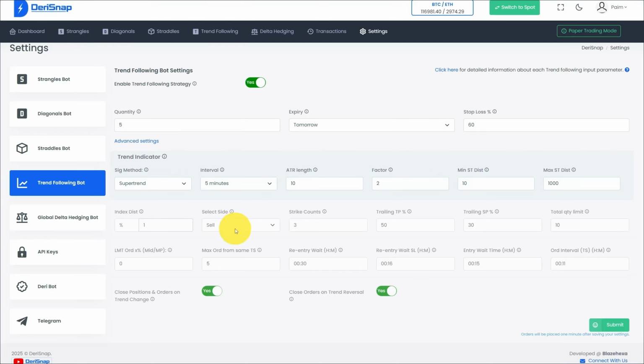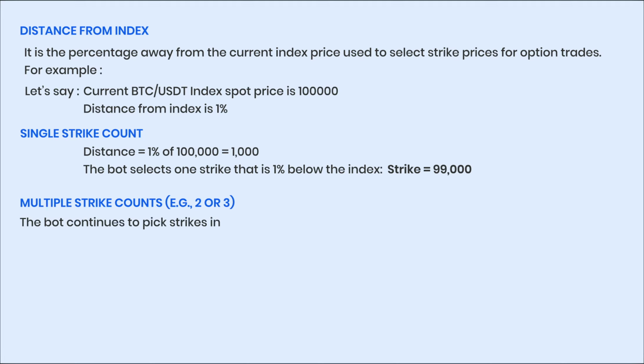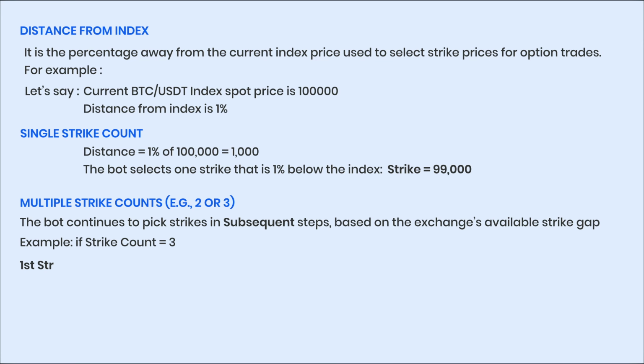The bot selects one strike that is 1% below the index. Strike equals 99,000. Multiple strike counts, example 2 or 3. The bot continues to pick strikes in subsequent steps, based on the exchange's available strike gap. Example, if strike count is 3. First strike, 99,000.